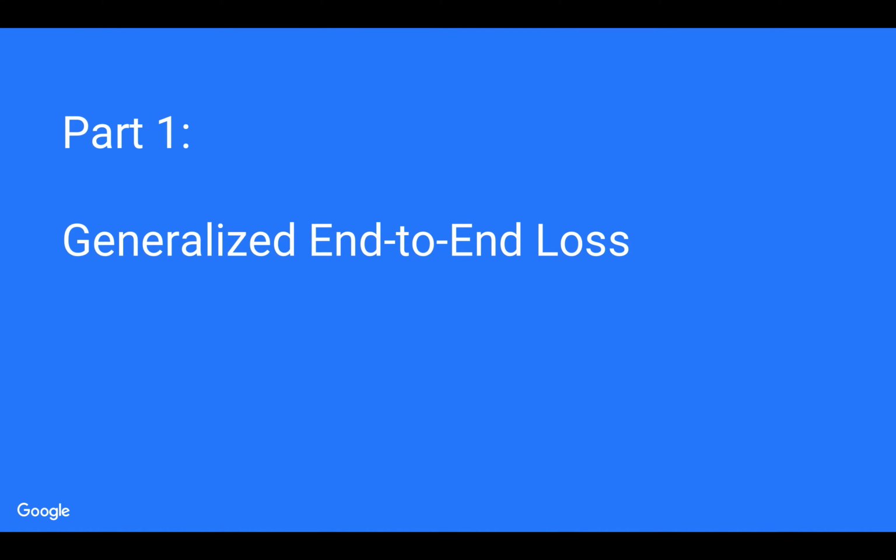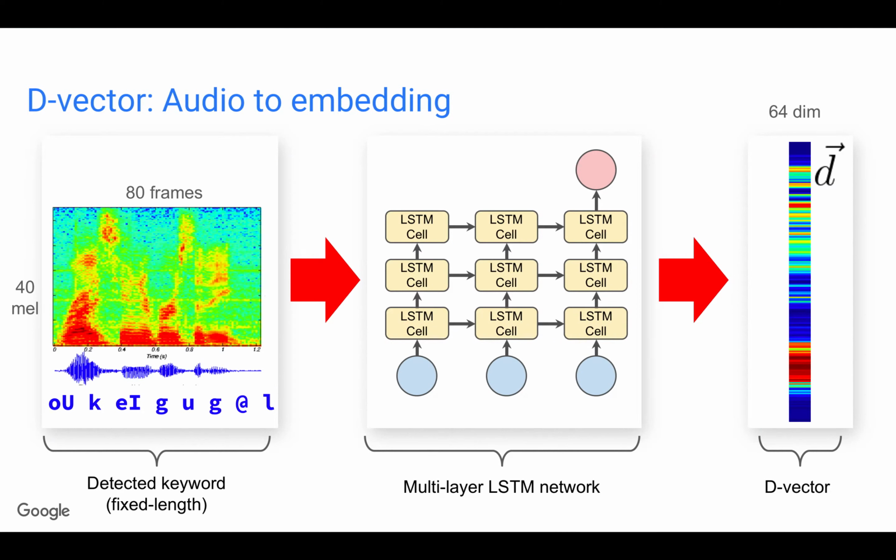So let's talk about generalized end-to-end loss. The basic idea is that we use a neural network as an audio embedding technique. For example, for keyword-based speaker verification, first we run a keyword detector on the input audio sequence.